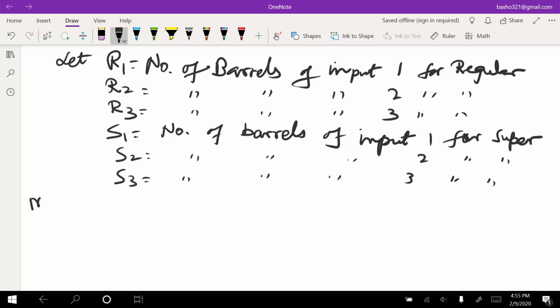So we are going to maximize profit using revenue and the cost.